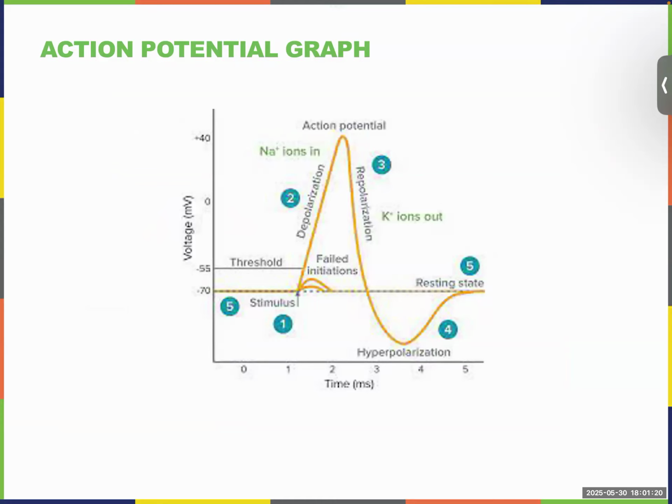If you look at 5 first, and in the beginning of 1, it's at minus 70 millivolts, and then something's occurred, and as long as it gets above the minus 55 millivolt threshold, you're going to have an action potential, where now the sodium-potassium pump is not operating and causing this depolarization, but sodium ions are rushing in, so that minus 70 that we had previously inside the cell, we're not going to have that. So much sodium goes in that we've gone from minus 70 to plus 40.